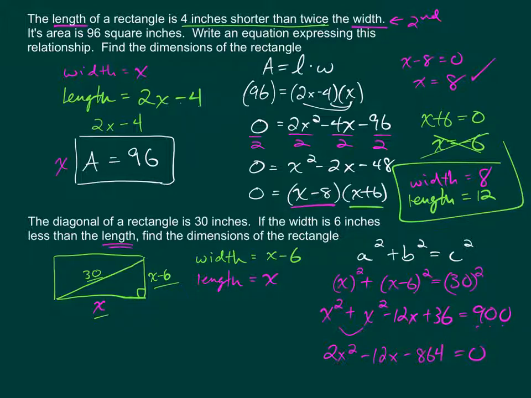And then, like we did up here in this example, I want to divide everything by 2, and I can do that because I'm only dividing by a number, and this will give us an equation with smaller numbers that will be simpler to work with. And so the new equation here will be x squared minus 6x minus 432.